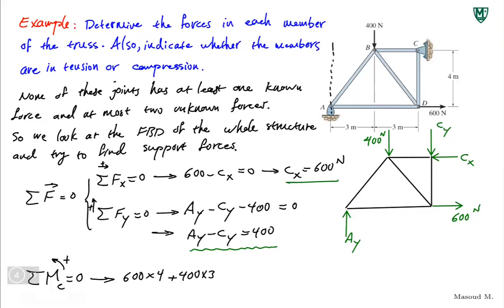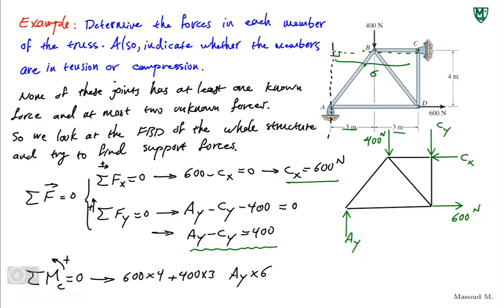This is the line of action, and I'm finding a moment about C. So the perpendicular distance between this line of action and point C would be this distance. And how long is this distance? Yes, it's going to be 6, 3 plus 3. So that would be Ay times 6.